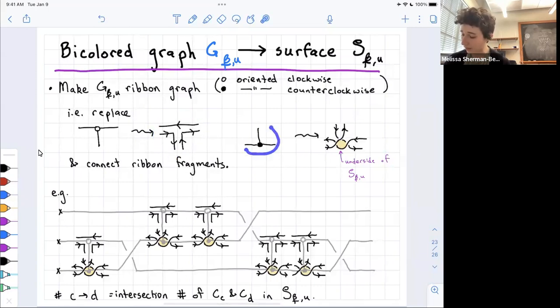And you take the piece of your graph that looks like this and replace it with a different ribbon. The ribbon is twisted, so the underside is showing right here. If you do that replacement, you get this picture, and then to get your surface, you just connect the ribbon fragments along the edges of your graph. And then you go like this.